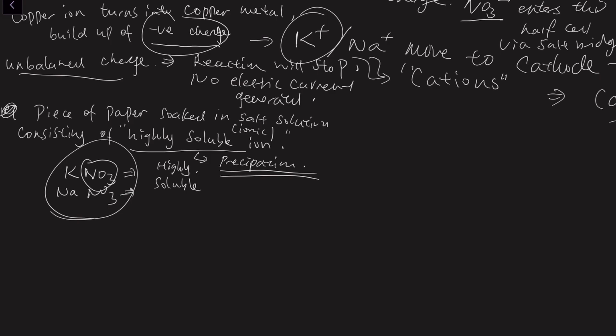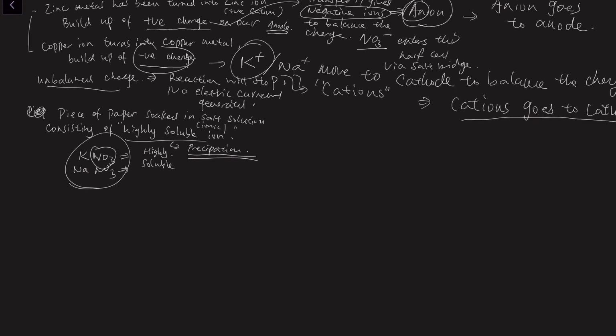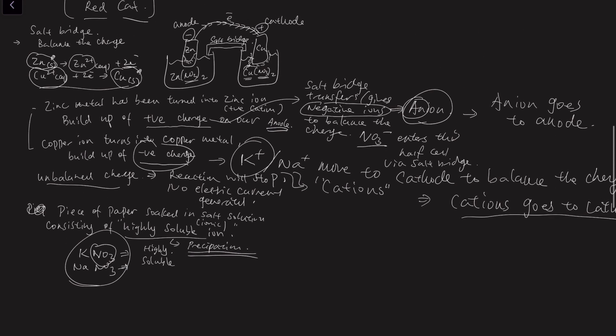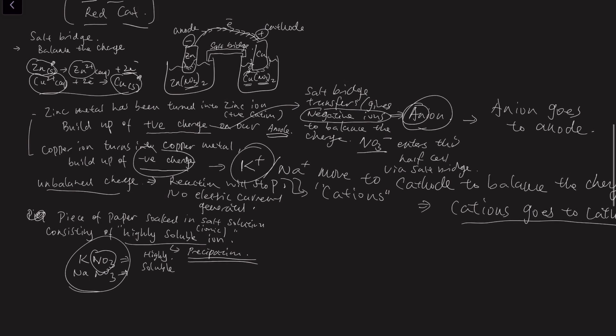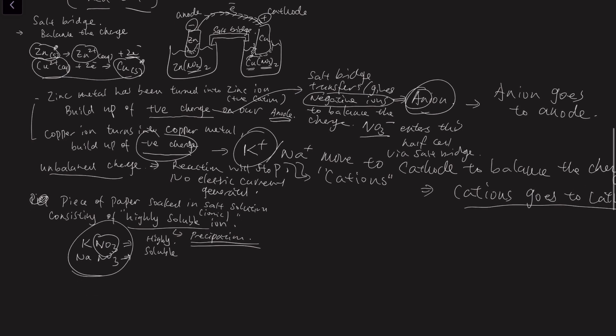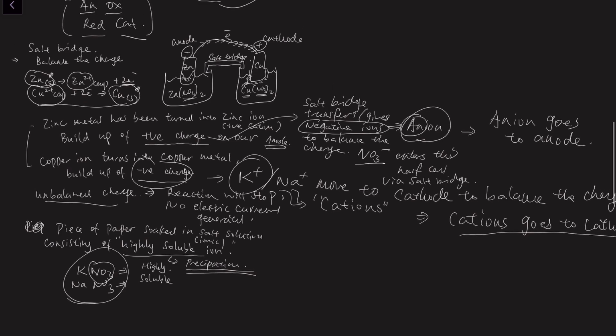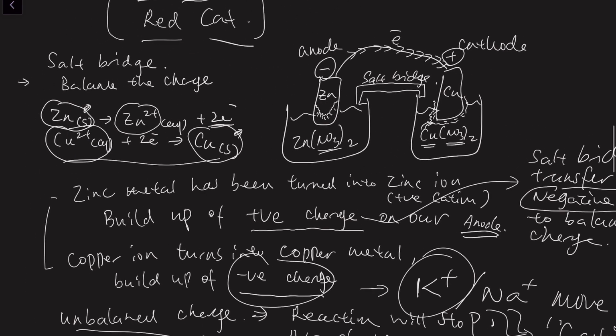So now let's investigate, why do these two reactions occur? Why does zinc turn to zinc ion and copper ion turn to copper? Why not the other way around?